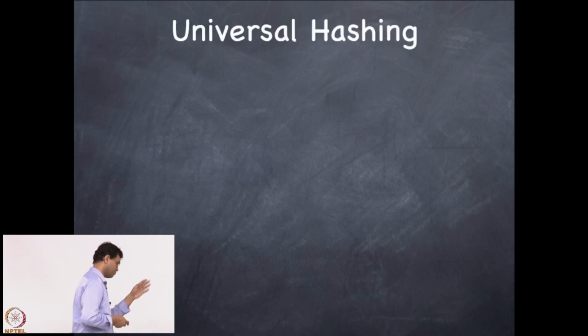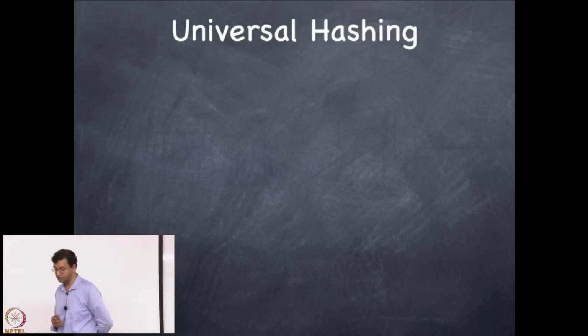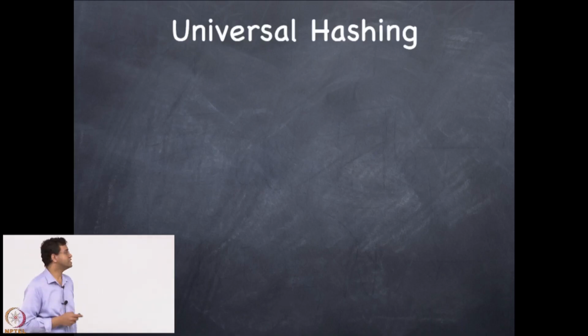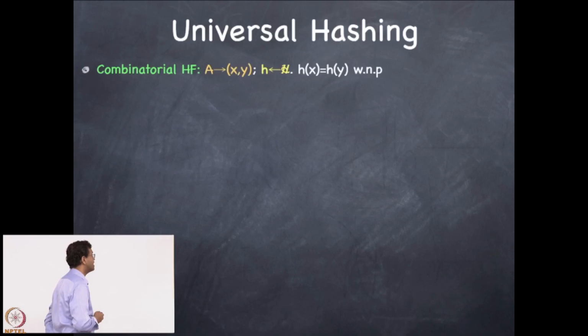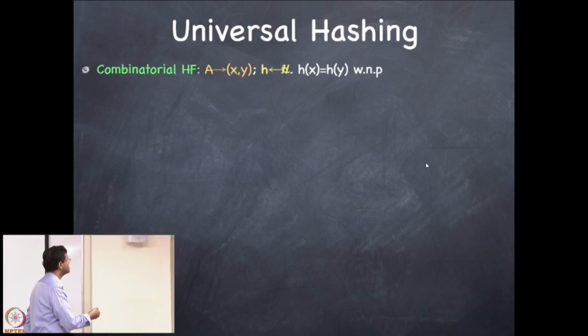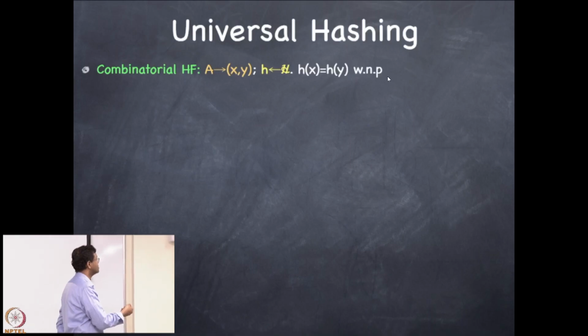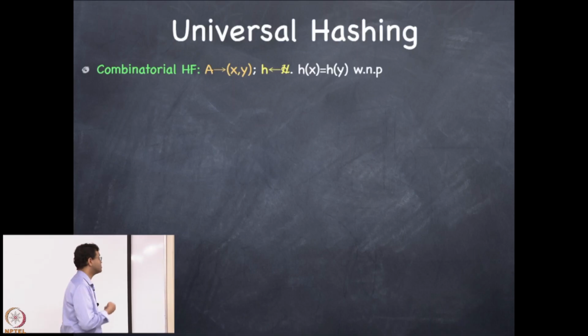Okay, so now going back to the flavors of hashing, the first one was combinatorial hashing, and universal hashing is a particularly nice form of that. So this was a requirement, right? The adversary should find a collision with negligible probability. So first it picks xy, then we pick h.